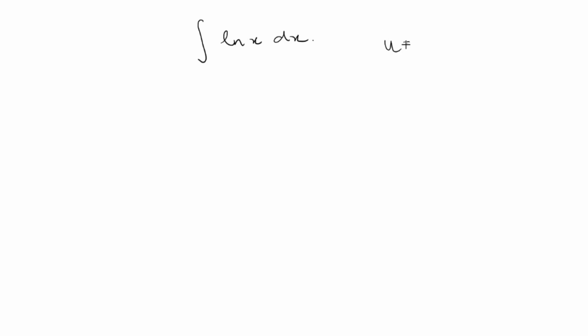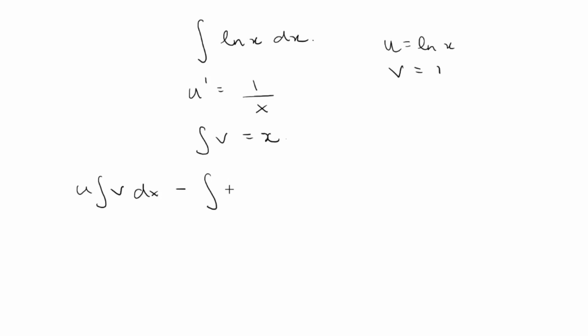So I'm going to take u as ln x, and I'm going to put v as 1. So straight away we've got u prime, which is 1 on x, and the integral of v is x, right? Because the derivative of this is 1 on x, and the integral of this is x. Now, using the integration by parts formula, u times the integral of v dx, minus the integral of u prime times the integral of v dx, dx.